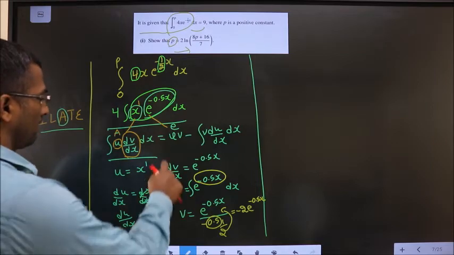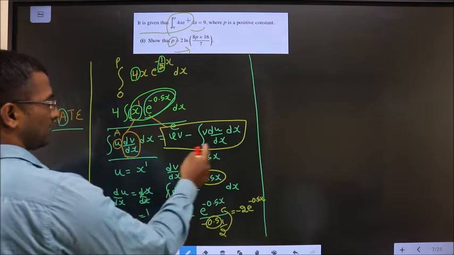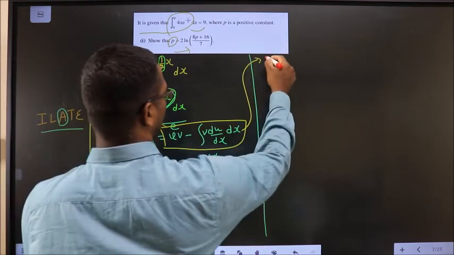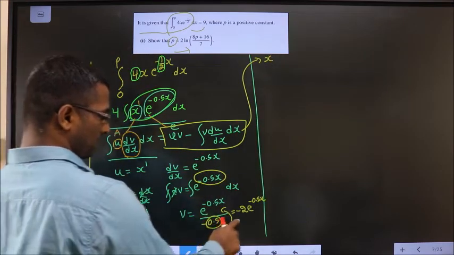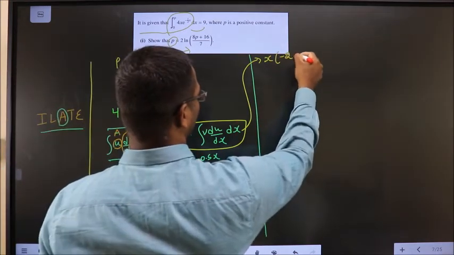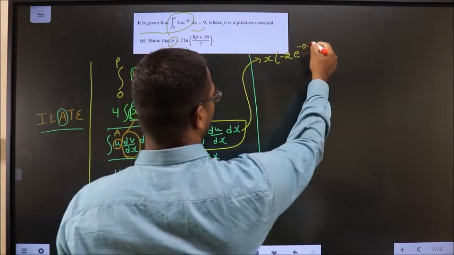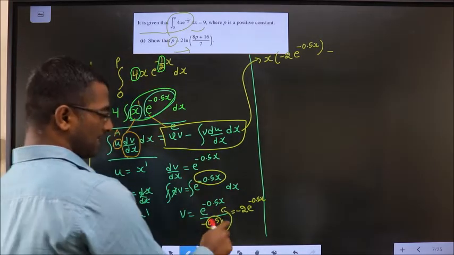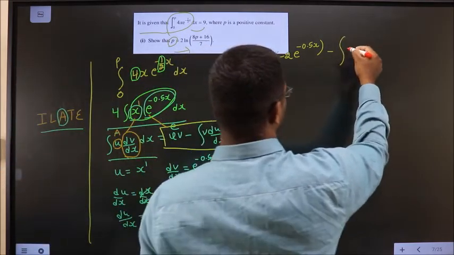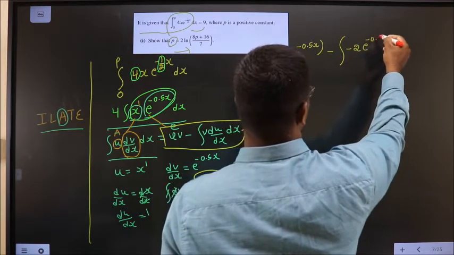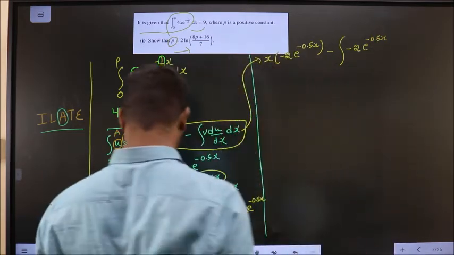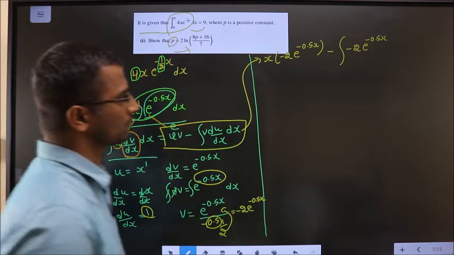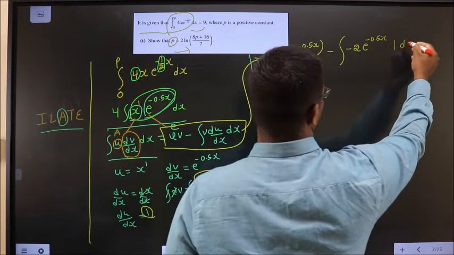Now replace this in the formula. In place of u it is x. In place of v it is minus 2 e power minus 0.5 x, minus integration of v, which is again minus 2 e power minus 0.5 x, and du by dx is 1, so 1 dx.